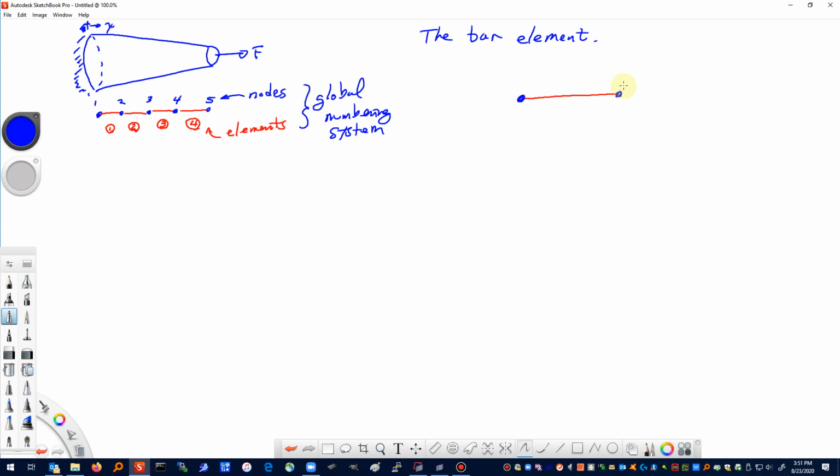Now I know my real structure can deform in the transverse direction as well because of Poisson's ratio and all those good things. But for our analysis, we're just interested in the extension of this structure. So we're only interested in things that happen in the axial direction.